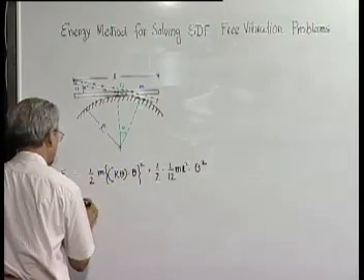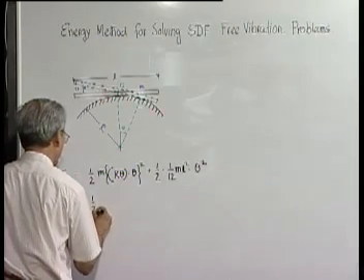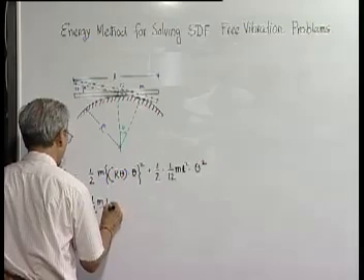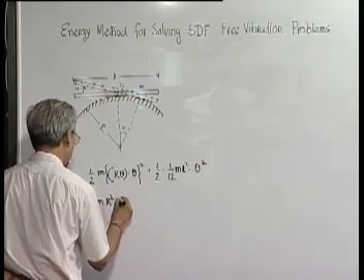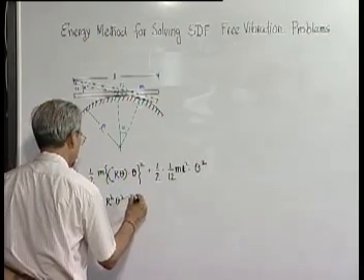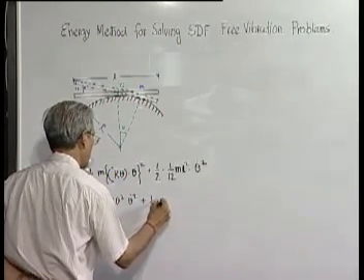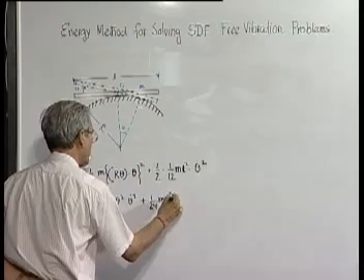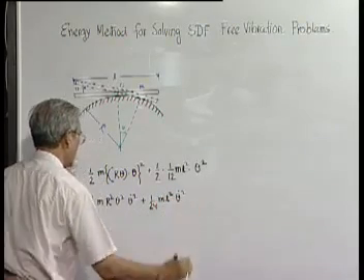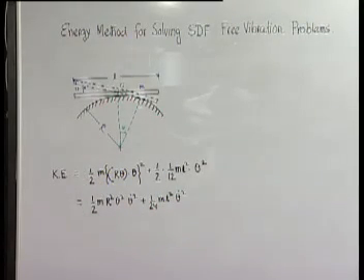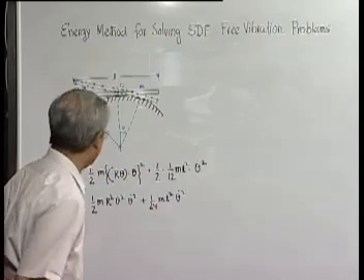So we can write this as half m r squared theta dot squared plus half 1/12 m L squared theta dot squared. So that is the kinetic energy.